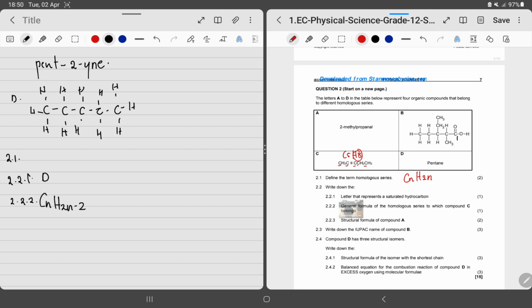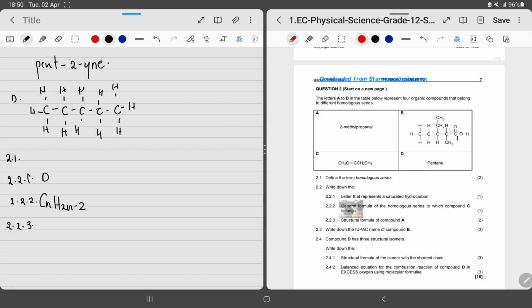Because if you had a 2n, you would have 5 carbons and 10 hydrogens. But in this instance, you have 8 hydrogens, so you're just going to subtract 2 there. That's how you get your general formula. And this is true for any other organic compounds, whether they belong to alkanes, whether they belong to carboxylic acids. You can do the same thing to find the general formula.